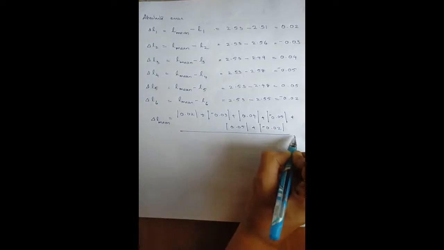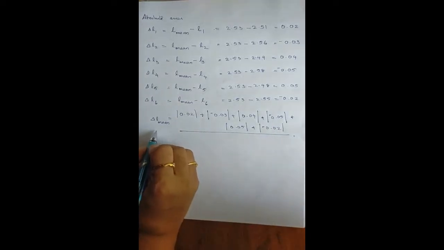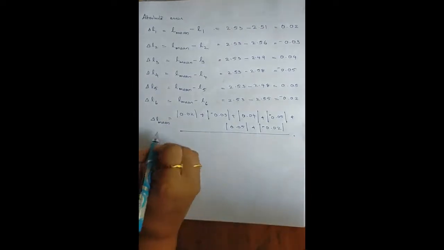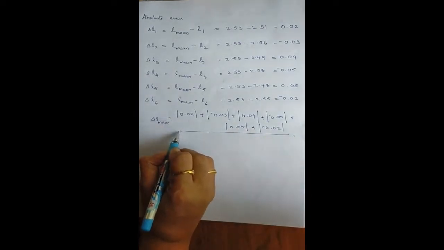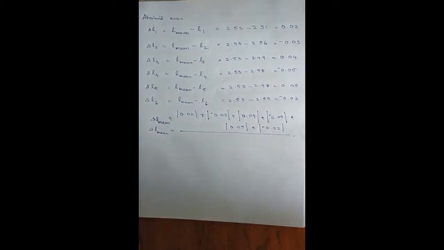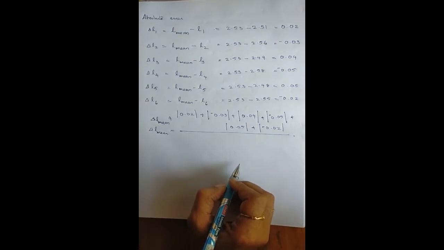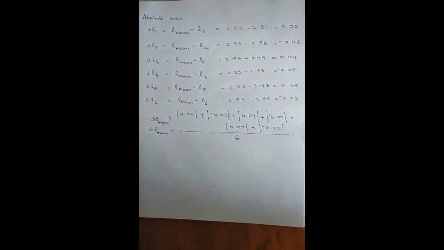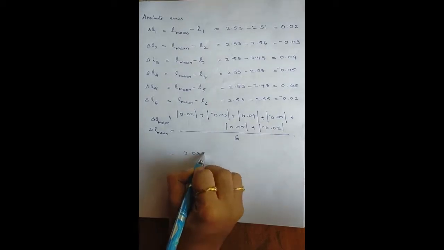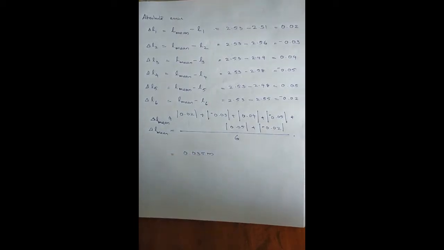Okay, we can write. നിങ്ങൾ ഈക്വൽ ടു ഇവിടെ ഈ ഒരു ലൈൻ വരയ്ക്കുമ്പോൾ നിങ്ങൾ ശ്രദ്ധിക്കണം, നമ്മളെപ്പോഴും ഈക്വൽ ടു സൈൻ്റെ നേരെ മാത്രമേ നമുക്ക് അത് എഴുതാൻ പാടുള്ളൂ. ഞാനിവിടെ ഒന്ന് വെട്ടി എഴുതാം. ഓക്കെ, divided by 6. So this is equal to 0.035 meter. This is the mean absolute error.